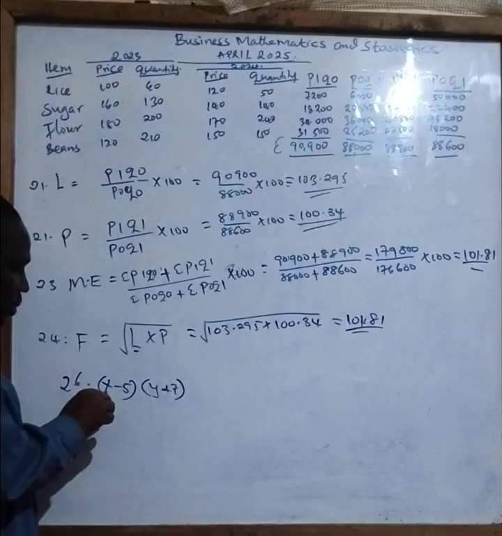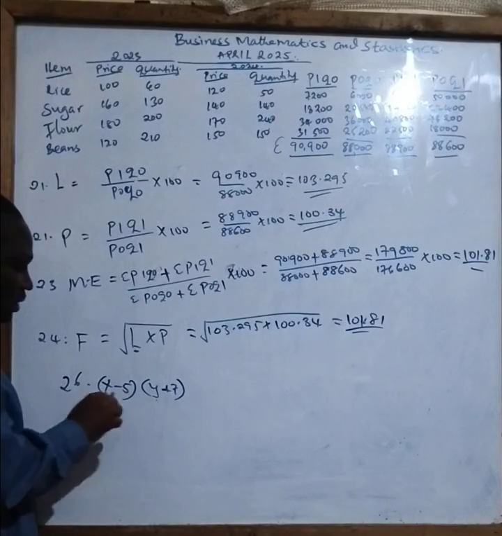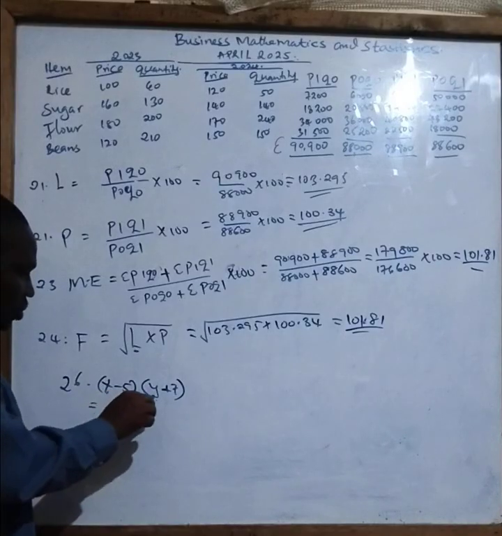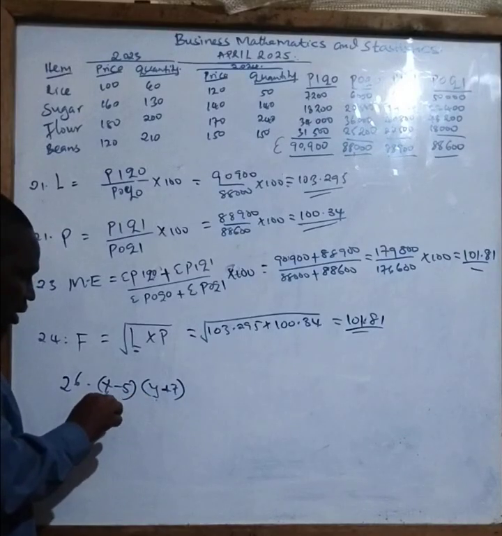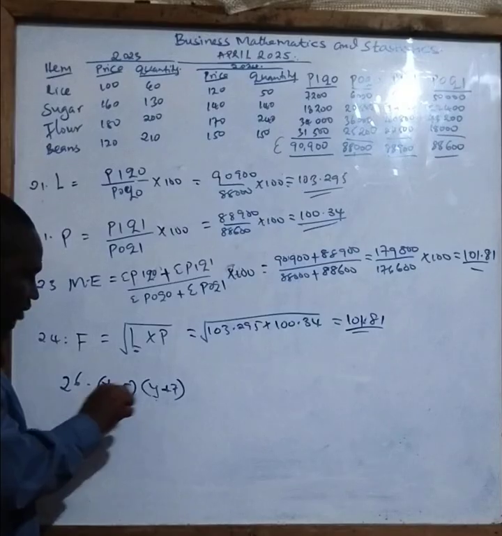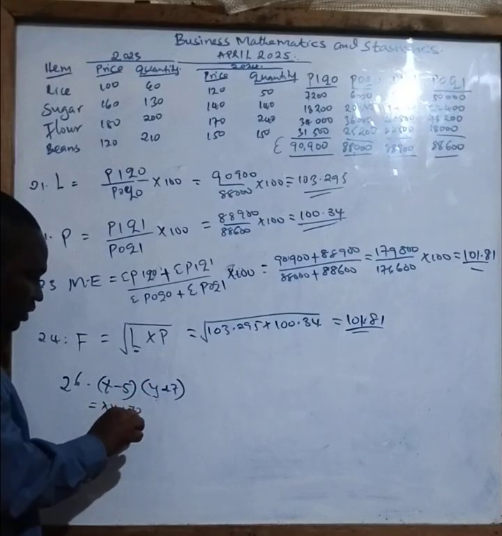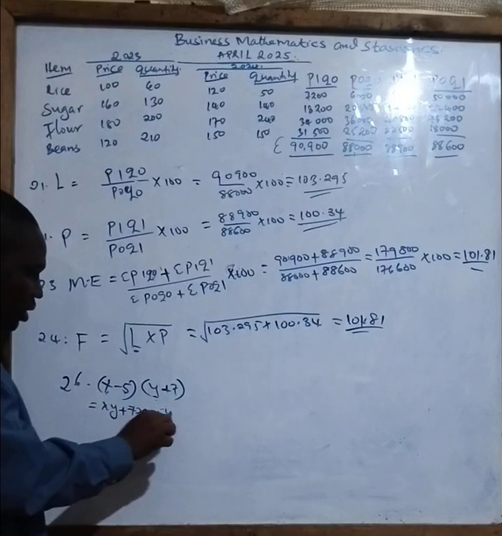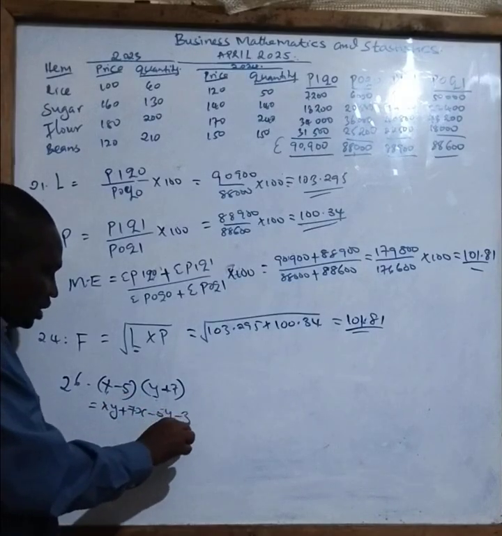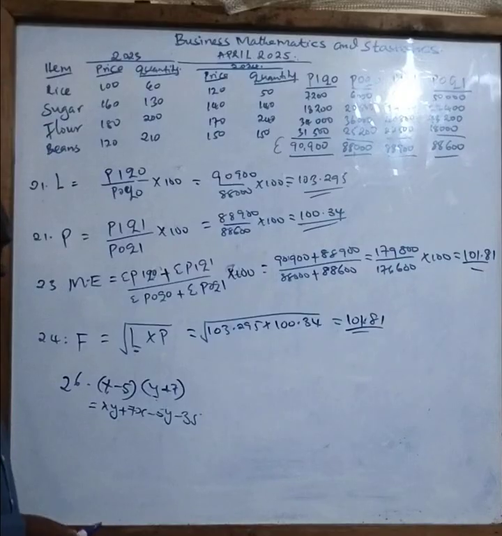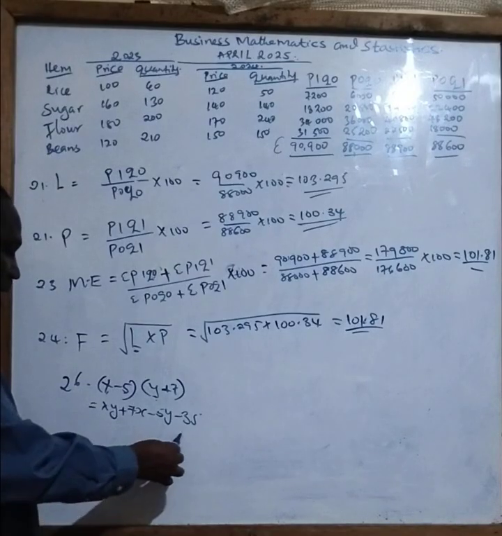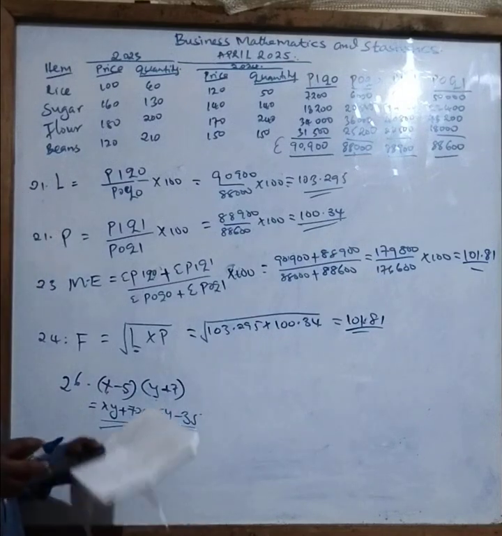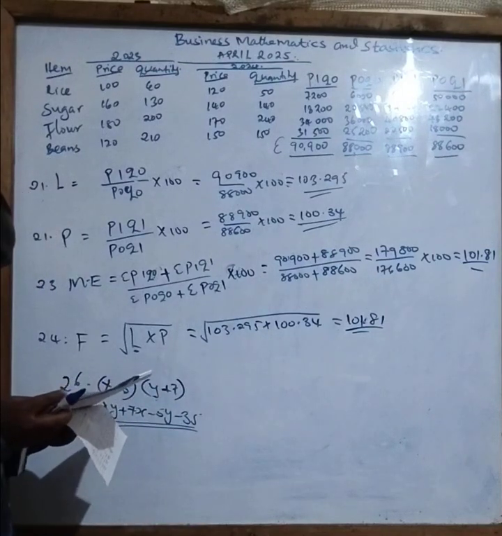So it will be x times y plus x times 7, which gives you xy plus 7x, minus this times this is negative 5y, this times that is negative 35. Once you have done that, look at it and see whether there is any common number. There is no common number, and that marks the end of number 26.